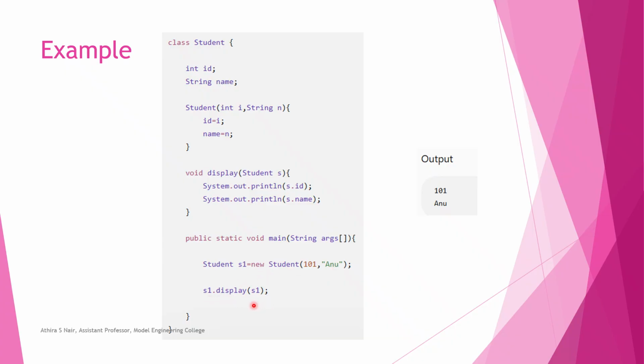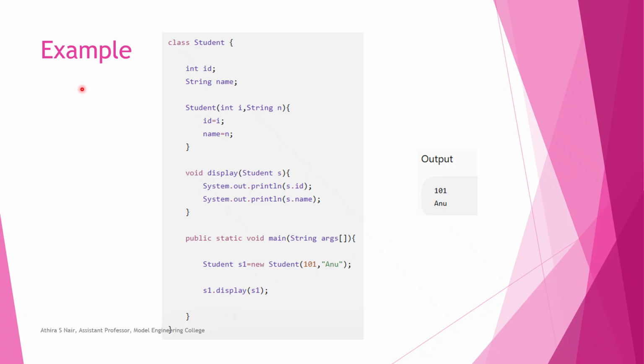Here the object s1 is passed to the method. We are not copying the entire object into another object. The reference to the object is passed. So inside the method, s refers to the Student object, and both references can refer to the same object.